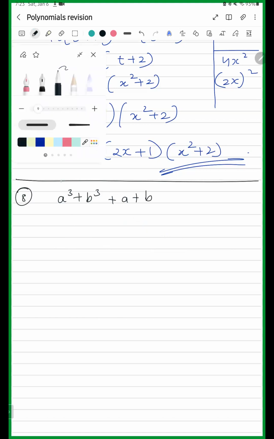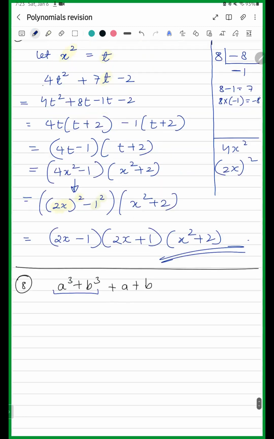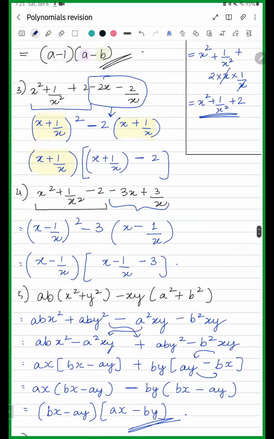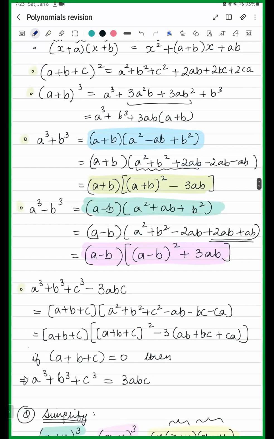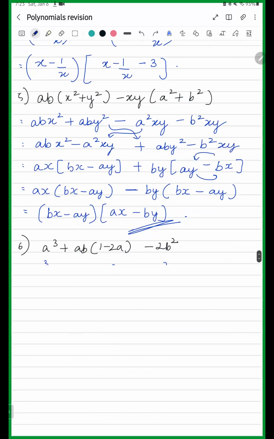So here what we have to do is A cube plus B cube. Look at the formula once again. A cube plus B cube is A plus B multiplied by this thing, right? So let's do that.